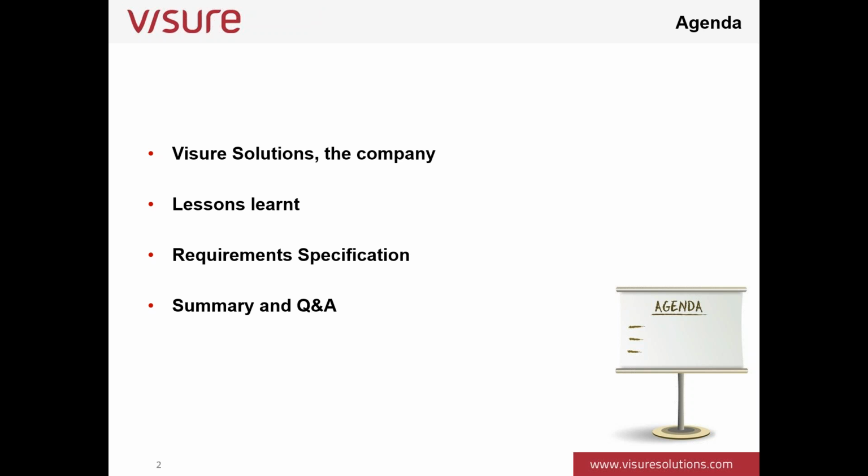We have just introduced a bit about the requirements specification. Hopefully we will be finishing today with all the things about the requirements specification, and we can finish today with the summary and the questions and answers.